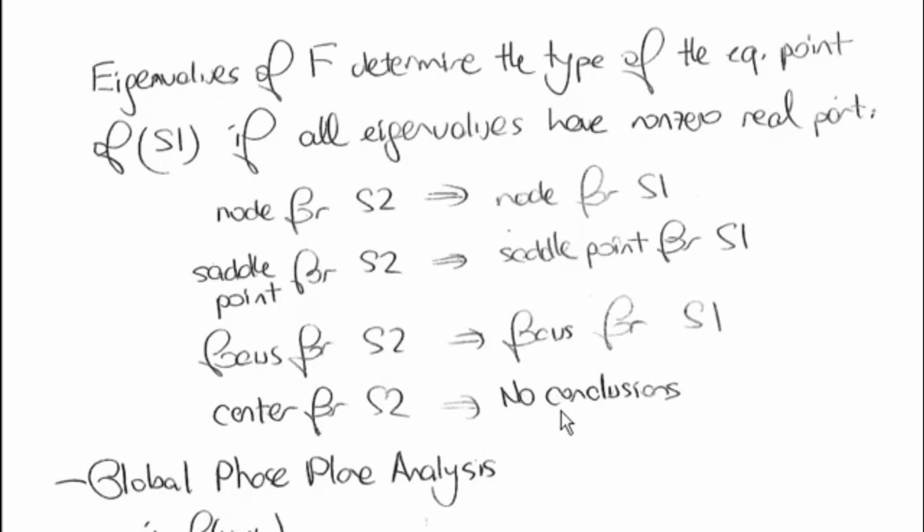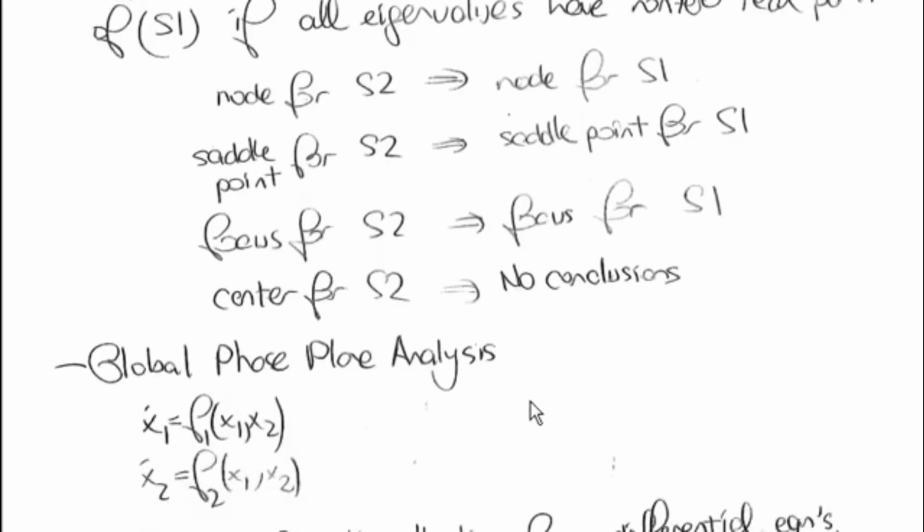So in that case, we cannot make a definite conclusion about the type of the equilibrium point of the nonlinear system. In that case, we know that it is a center or a focus, but we won't be able to know which without further analysis, for example, using polar coordinates or any other analysis type.